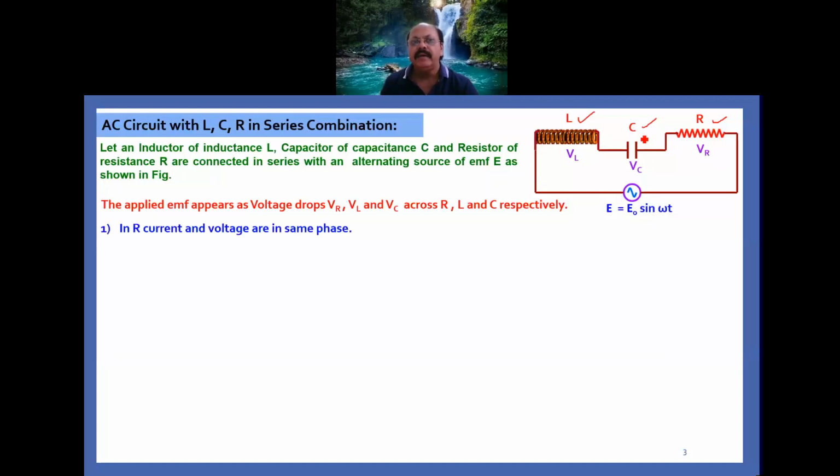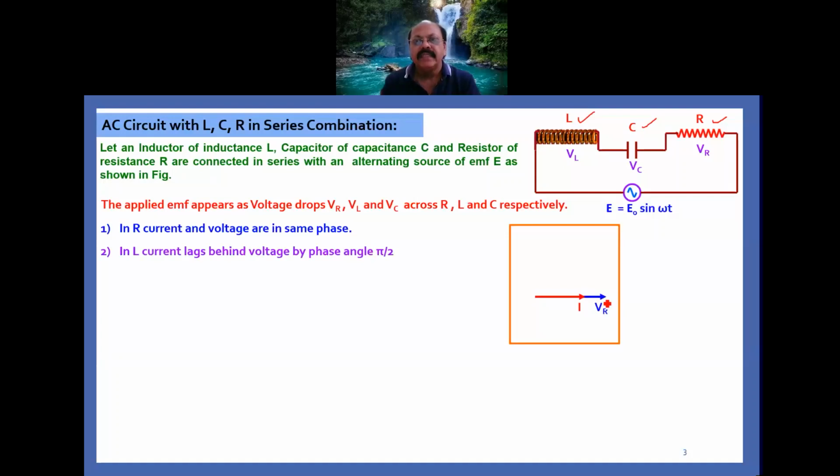Now in R, as we already discussed, the alternating voltage and alternating current are in the same phase. You can see here the phasor diagram. VR is the voltage drop across the resistance, I is the current, so they are in the same phase, so both phasors are along the same direction.